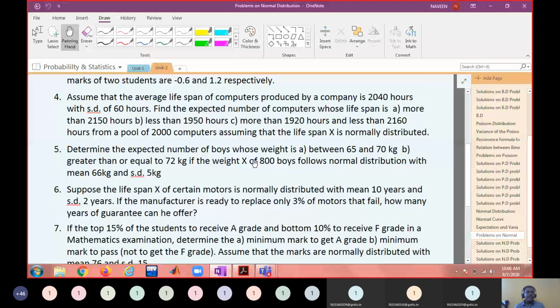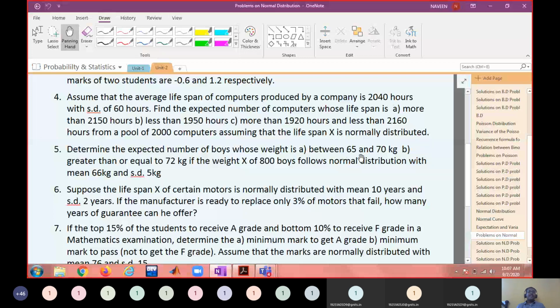Instead of lifespan, it is weight. Instead of 2000 computers, 800 boys are given. The mean and standard deviation are given, and you're asked to find some probabilities between 65 and 70 and greater than 72.